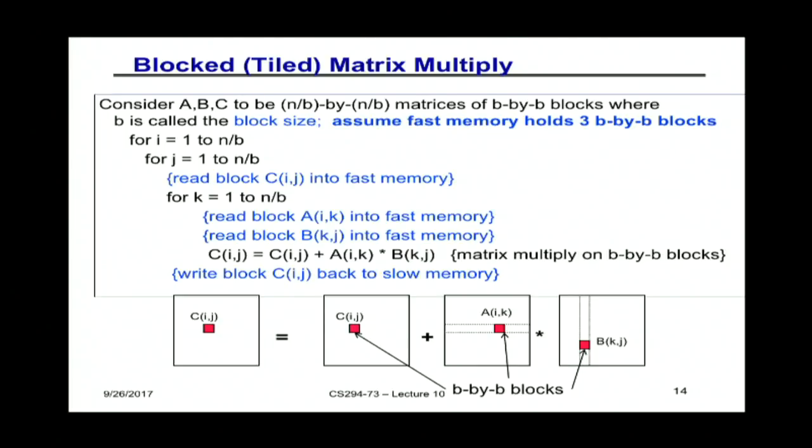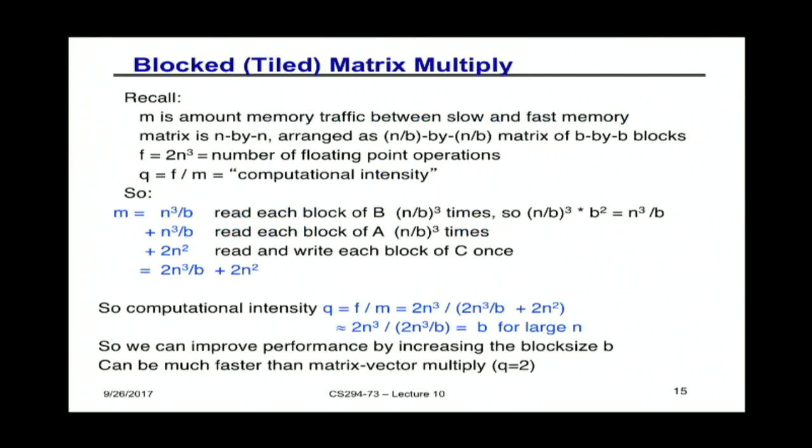The number of loop bounds will be n over b, because the granularity is b. So the inner loop is on 3 matrix blocks of size b by b. Otherwise, the algorithm is not changing.